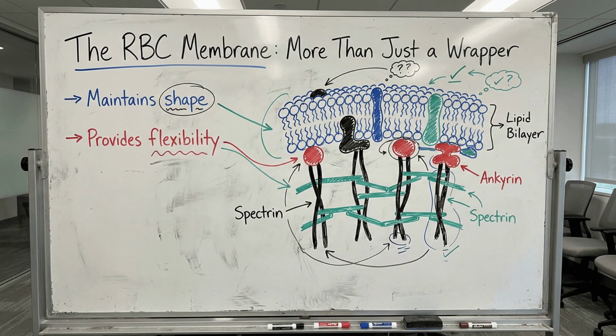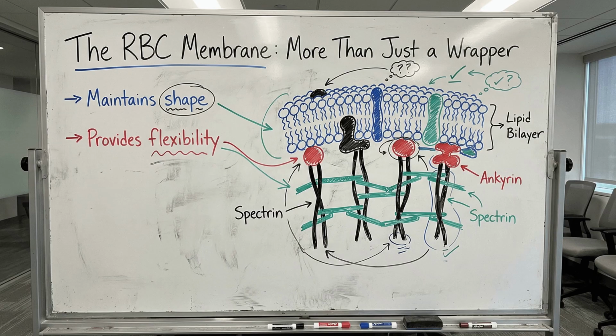From our discussion of intrinsic causes, let's dive deeper into membrane disorders, starting with the unsung hero, the red blood cell membrane. This isn't just a simple bag holding hemoglobin. It's an incredibly complex, dynamic structure. It relies on a sophisticated network of proteins like spectrin and ankyrin to maintain its unique biconcave shape and provide the extreme flexibility needed to squeeze through tiny capillaries.